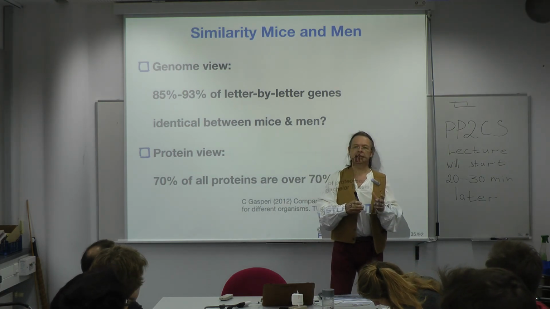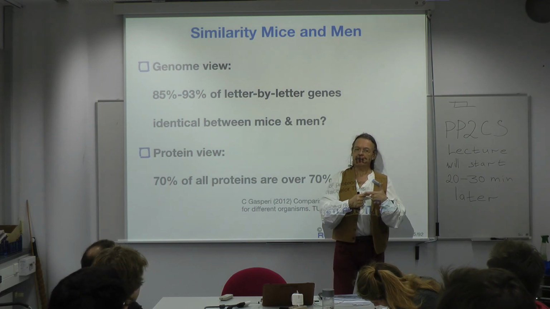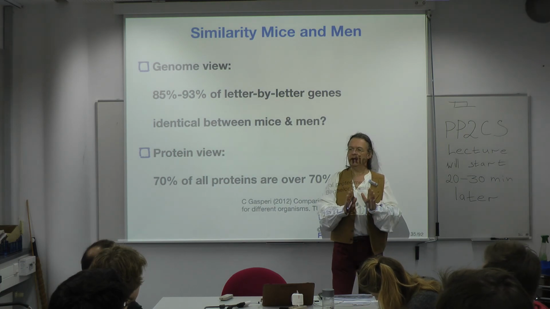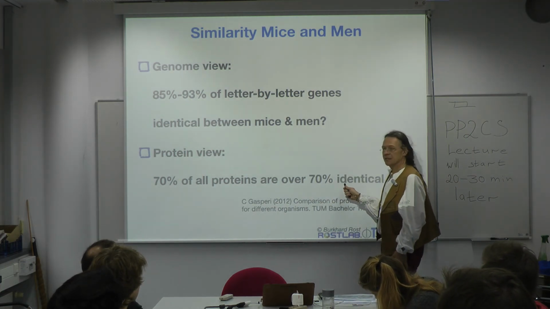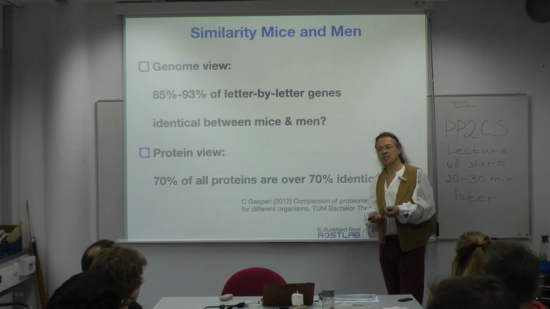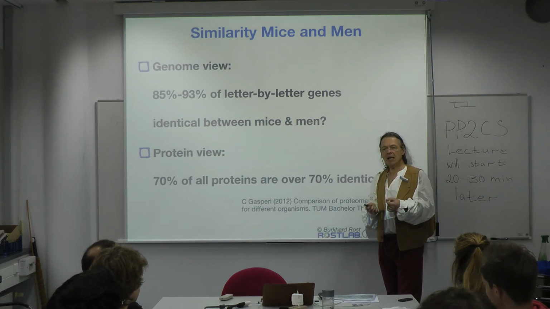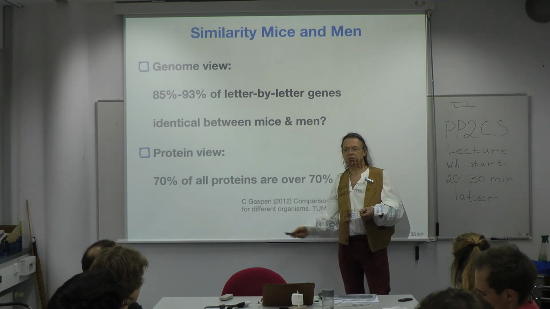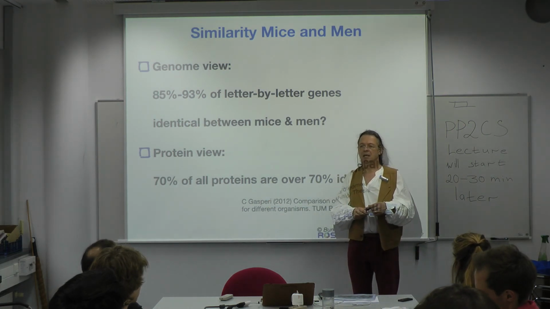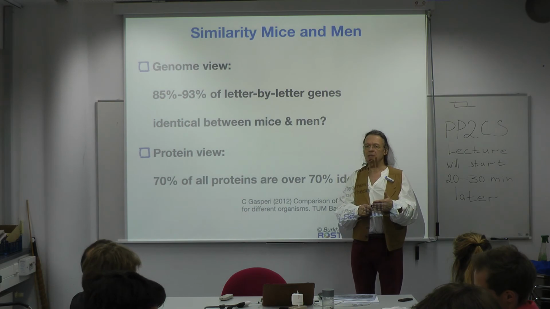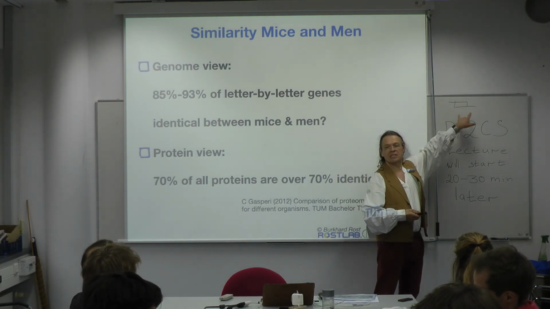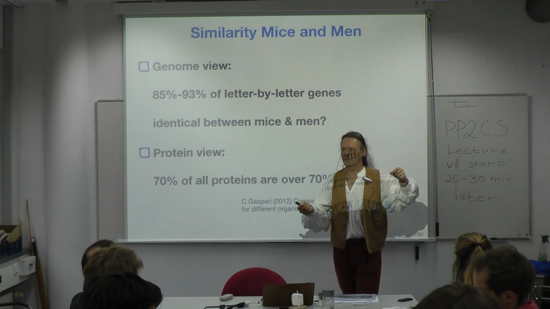So if two proteins match to at least 70% of the longest, then I call them a match. Now I ask, do they at least have 70% sequence identity? And then I ask, how many of the proteins actually have that? So that's the 70-70-70 between mouse and man. So 70% of the proteins have more than 70% sequence identity over about 70% of the longest when I compare them.